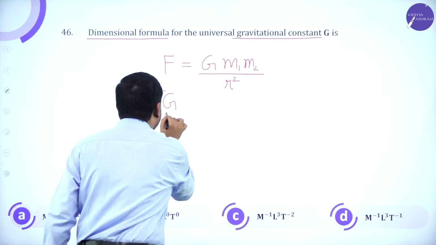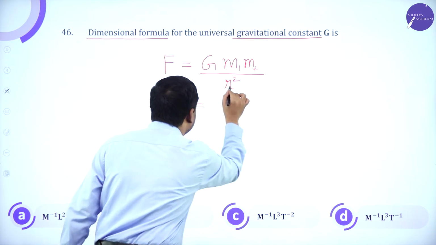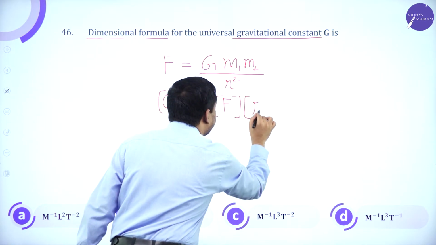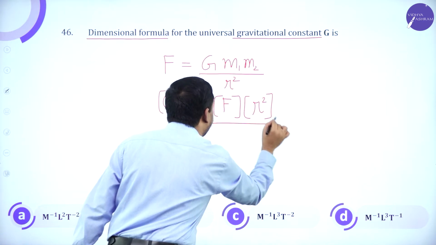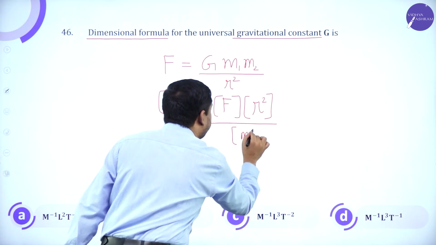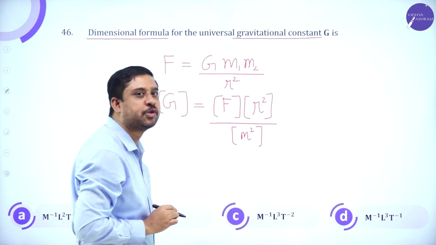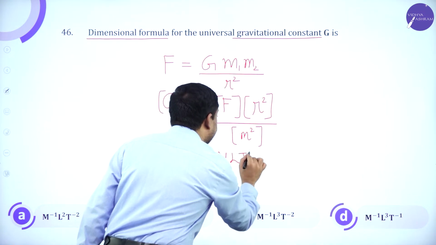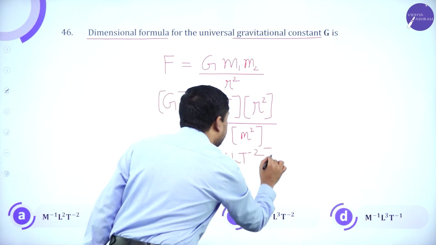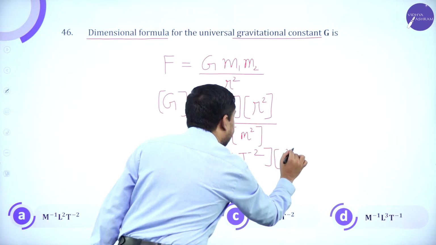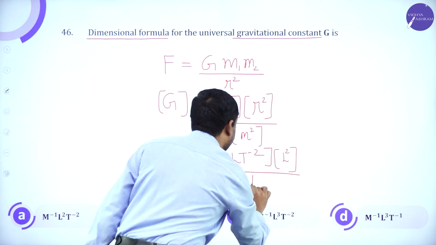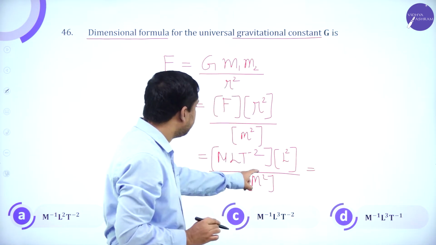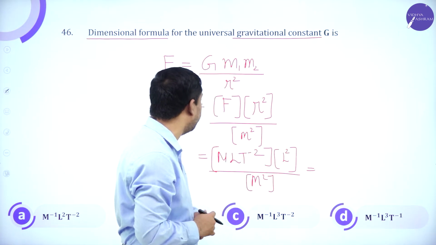So G will have the dimensions, cross multiply dimensions of force into dimensions of r square, divided by m into m, dimensions of m square. Force is M L T minus 2, mass into acceleration, L square divided by m square, which is m goes to the numerator.